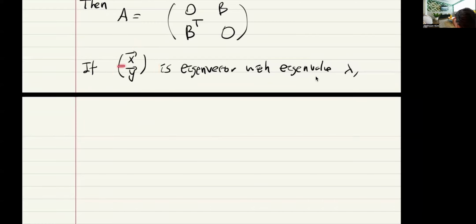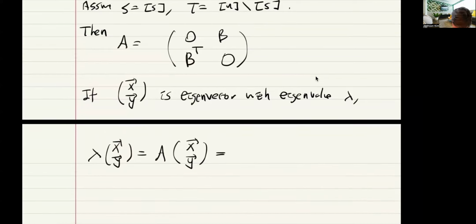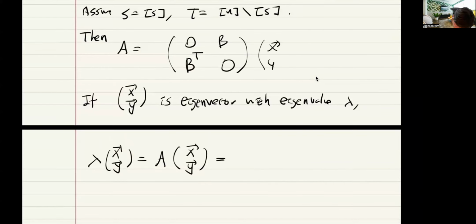For this one, let's say the first s entries you call X, and the last n minus s of them you call Y. Then you compute: you multiply it with A, and that's the same as lambda times (X, Y). But if you actually multiply here, then what do you get? You get BY here, and then B transpose X here.